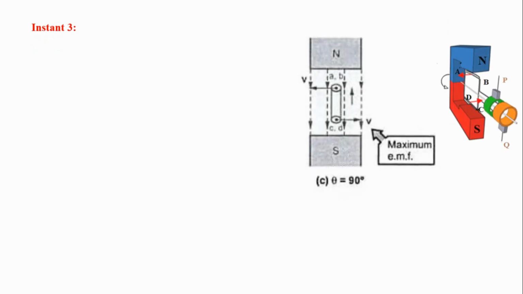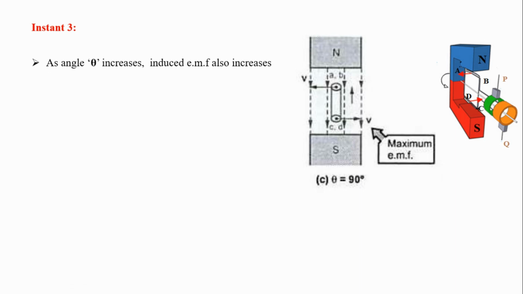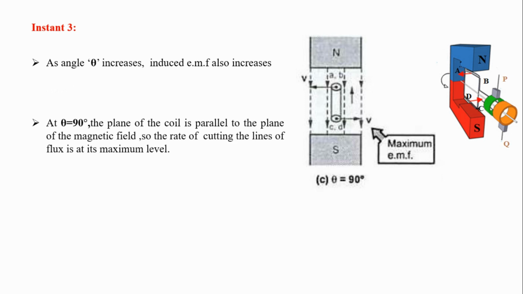In this instant, theta is equal to 90 degree. As we know, as theta increases, the induced EMF also increases. At theta equal to 90 degree, the plane of the coil is parallel to the magnetic field, so the rate of cutting of flux is at maximum level.